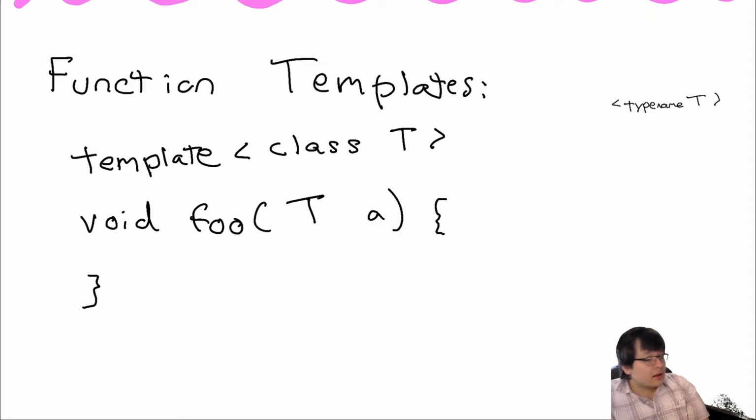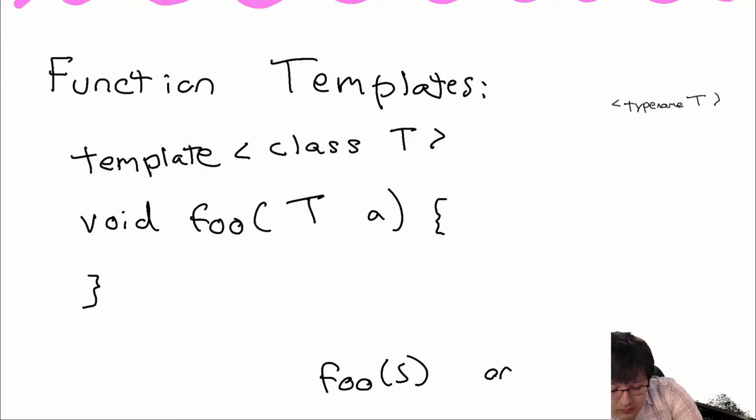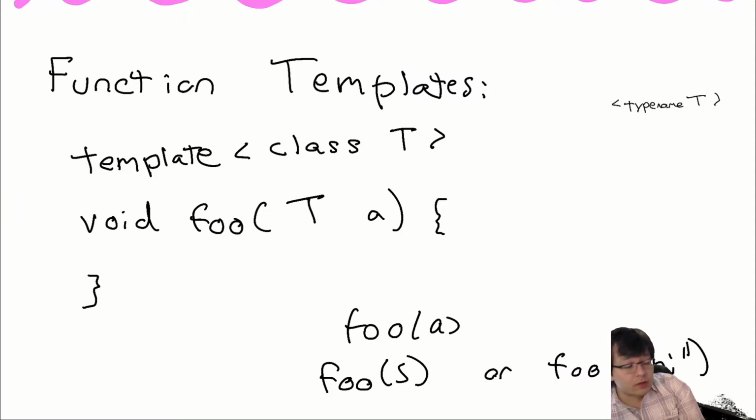Okay? So that's pretty much it in terms of syntax. So again, what is happening here? When we see in main somebody say foo 5, or foo "hi", or foo a, assuming that a is some class, it's going to look at this function, and it's going to replace the T, which is a templated variable, with the data type that these functions are being called with.